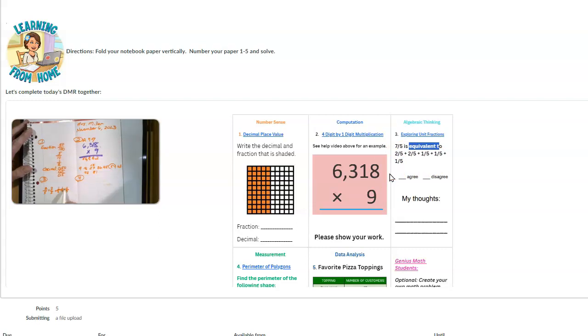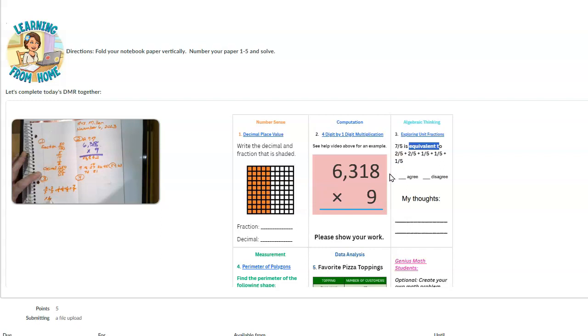When adding fractions, if your denominators are the same, just add the numerators. So let's add 2 plus 2, 4, 5, 6, 7. If I add all those up, I get 7/5. Do I agree or disagree that those are equivalent?